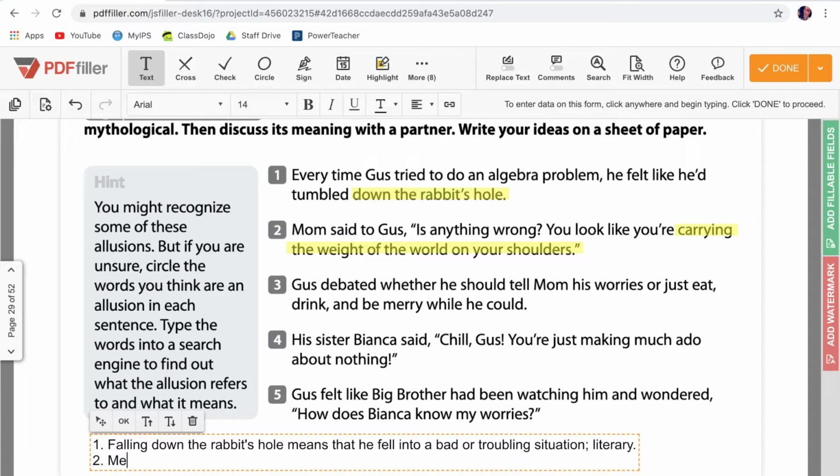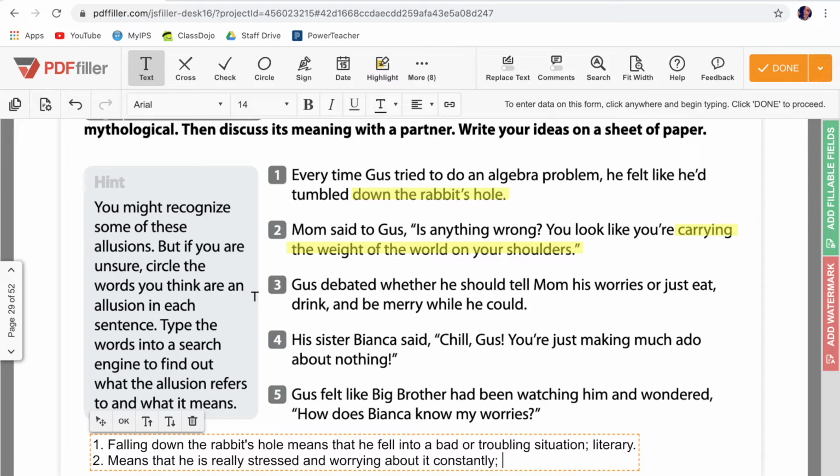Well, it means that he is really stressed about it, and worrying about it constantly, right?